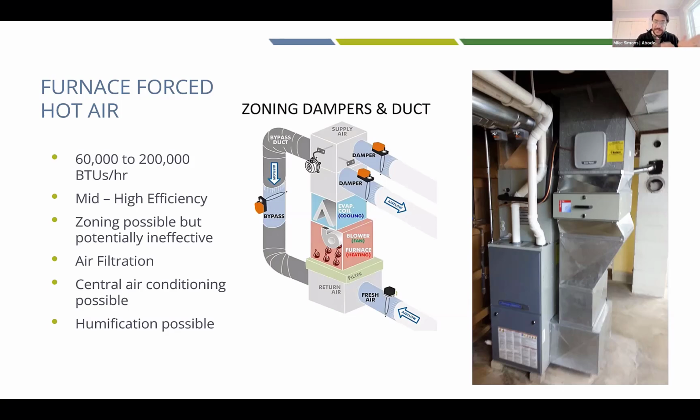Say you have a room that's above an attached garage, performing wildly differently than the room above a semi-conditioned basement. So zoning makes a lot of sense for forced hot air furnaces anytime that there's different characteristics with that space.